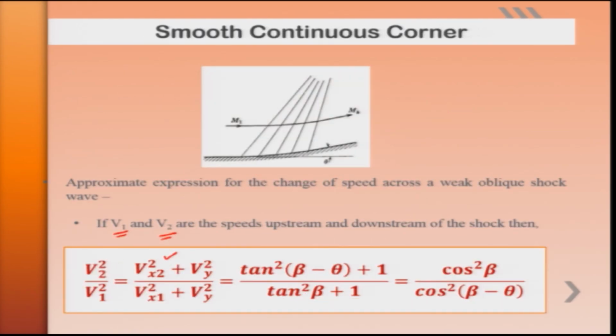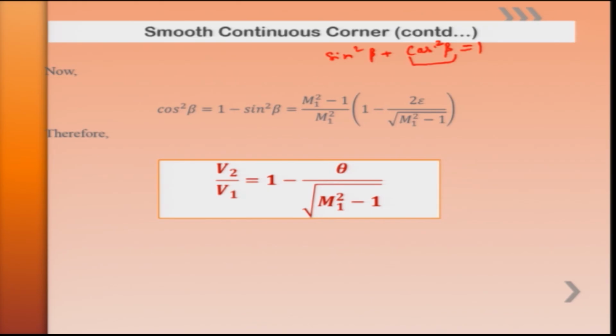I can write down v2 by v1 as square root of cos square beta divided by cos square of beta minus theta, and replacing these cos beta and sin beta terms by opening cos beta minus theta, I can finally reduce the velocity expression from the downstream side to upstream side, such that v2 by v1 is 1 minus theta, the deflection angle, divided by m1 square minus 1.